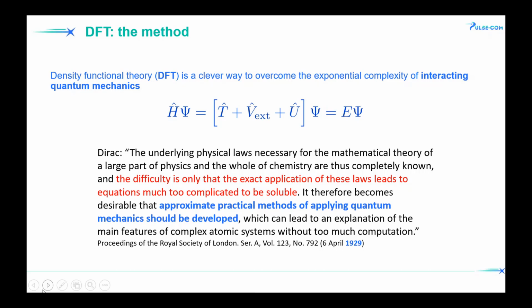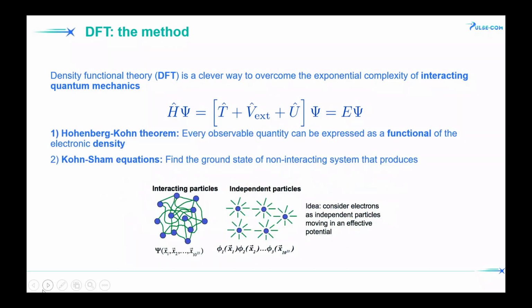Then some clever ways were devised to actually find the electronic ground state of the system, and it relies on 2 theorems: the Hohenberg-Kohn theorem and the Kohn-Sham equation. So you can see Kohn's name in both of these, and this is why he was very important to finding this. The Hohenberg-Kohn theorem states that every quantity about the system can be expressed, so we can reduce the problem to finding not the whole wave function, but just the electronic density.